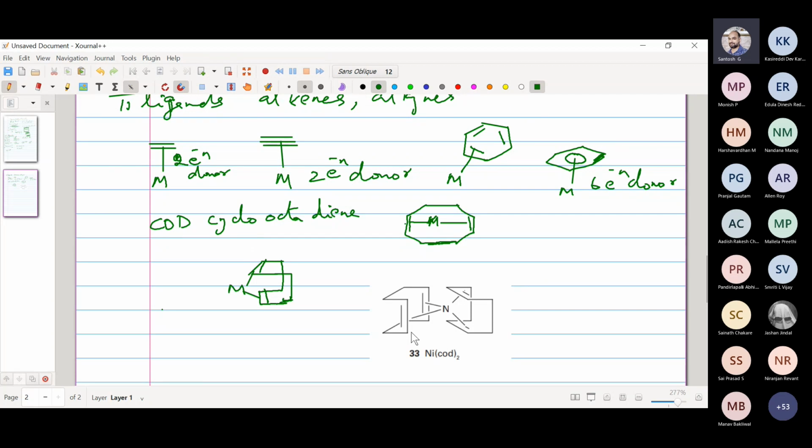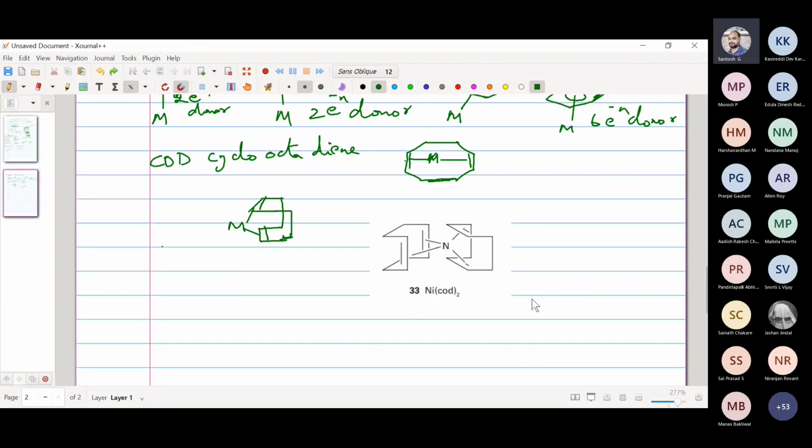It's just folded in a certain fashion. So these are some of the ligands which can form pi bonding with metals.